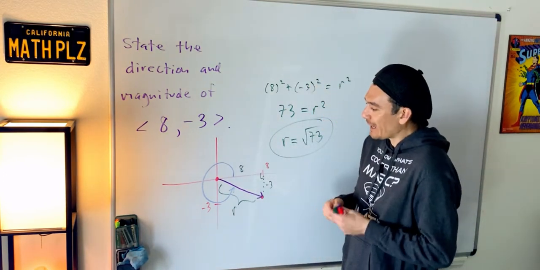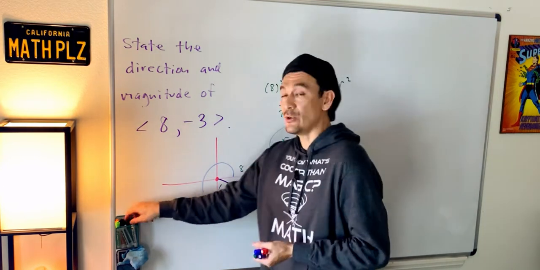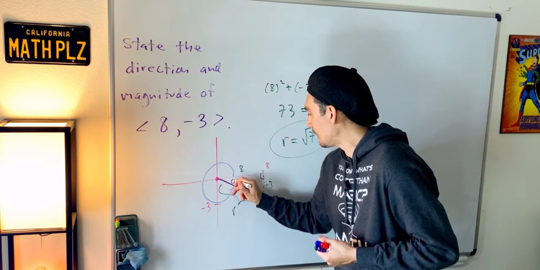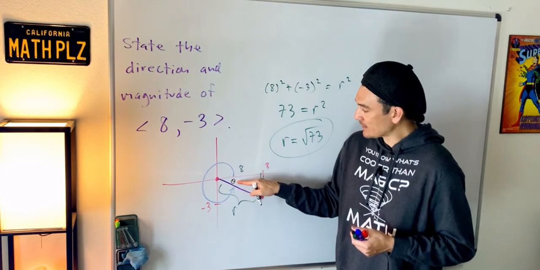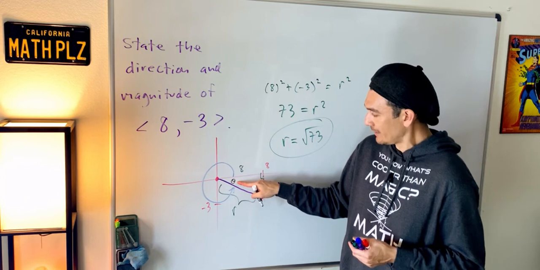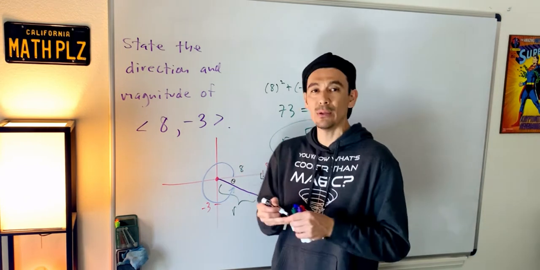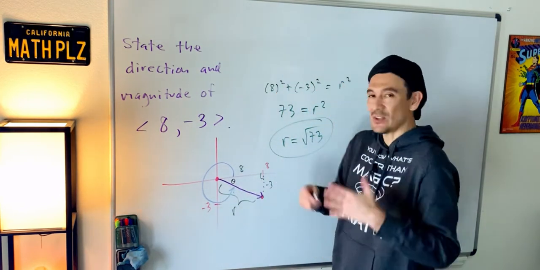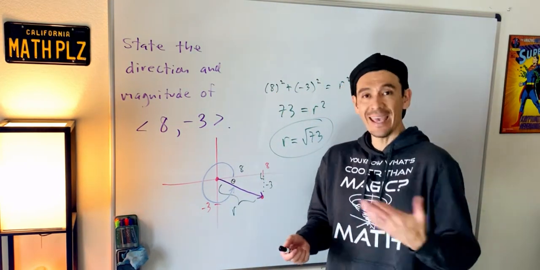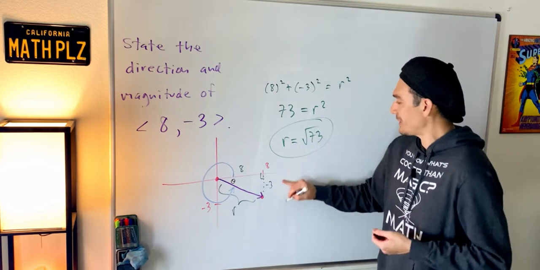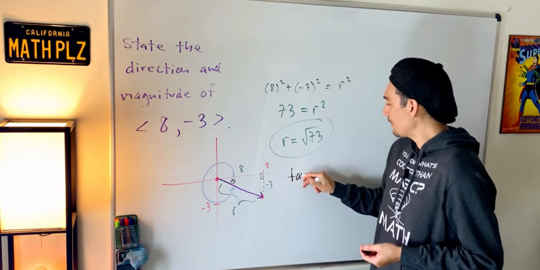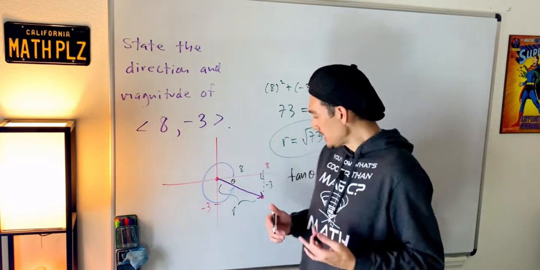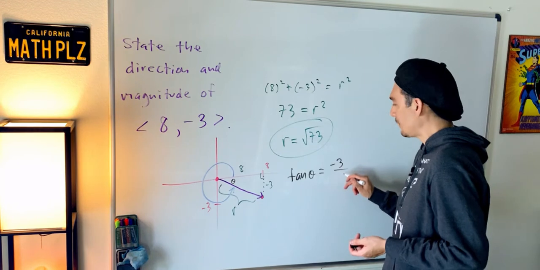So how can I find the blue? Maybe what we can do first, guys, is find this cute little baby angle theta, and that's going to help us find the blue arc. To find theta, why don't we go to Sohcahtoa? Why don't we use a tangent model? We know that tangent of theta, tangent is opposite over adjacent. So this would be negative 3 over 8.